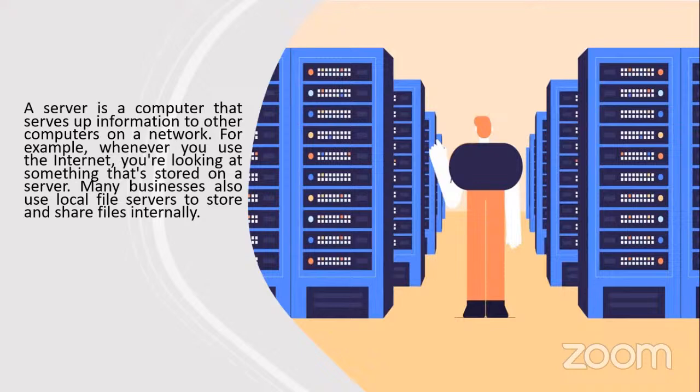When you click send or enter, it goes to the server that houses the information you want, gets that information, and brings it back to you, right? So that is how servers work. Whenever you use the internet, you are looking at something that is stored on a server. Your Google is stored on a server.